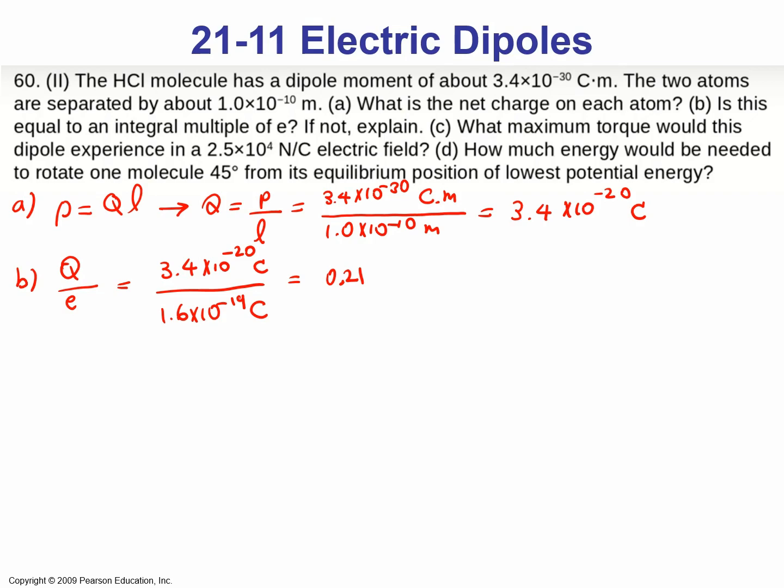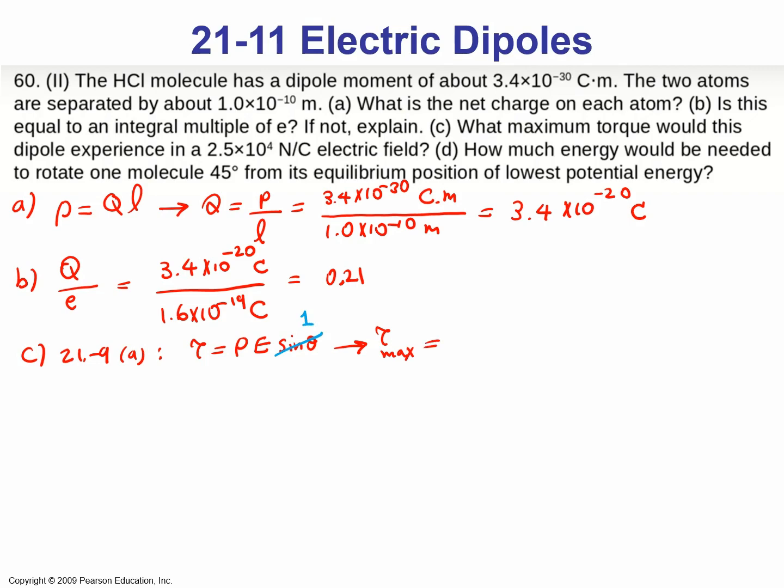Part C is asking for the torque that the dipole moment is experiencing. So we have the electric field, and we should calculate the torque. From equation 21.9a, the torque tau is equal to p, the dipole moment, times the electric field times sine theta. The maximum of the torque is when sine theta equals its maximum, which is 1 at 90 degrees.